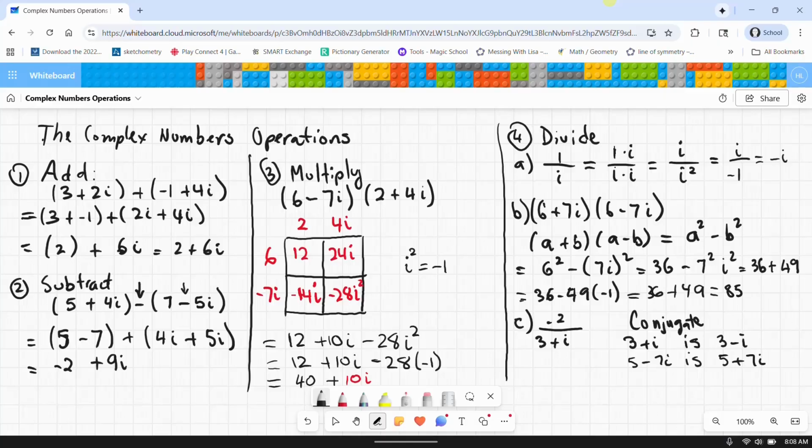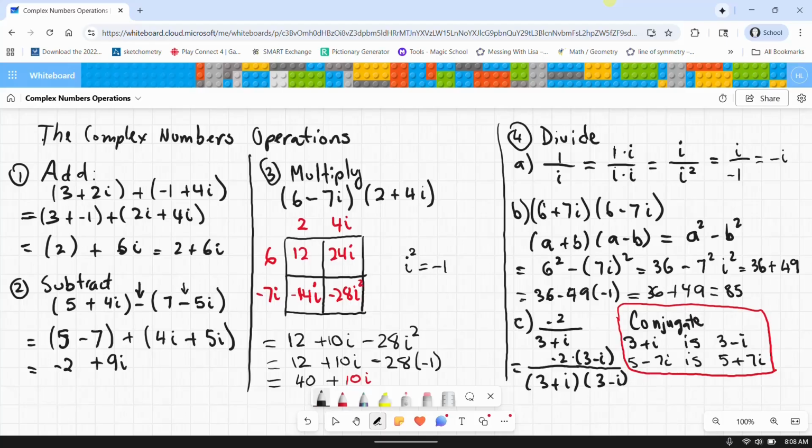Okay, so we use the conjugate to simplify the quotients of complex numbers. So we're going to multiply the bottom with its conjugate, but we also want to multiply the top by its conjugate. So that's what the conjugate is.